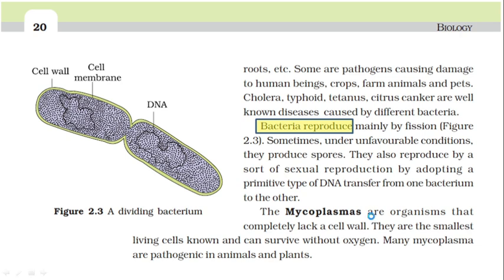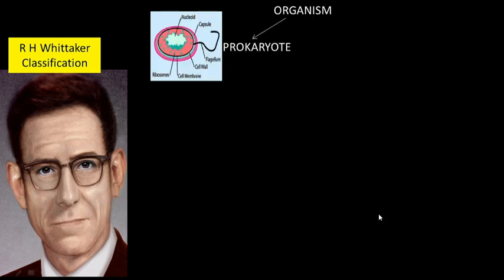But before this, let us also discuss a very important basic concept behind different classifications. As we have discussed in the previous video, R.H. Whittaker has classified living organisms into different types. Organisms, according to R.H. Whittaker, can be classified as prokaryotes.